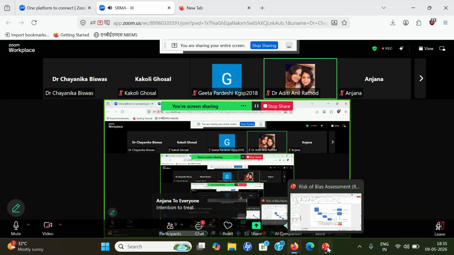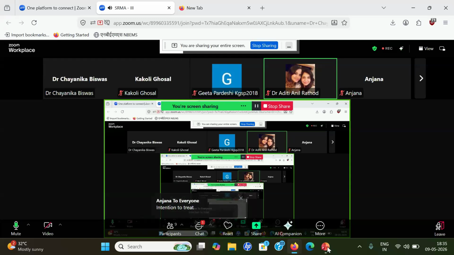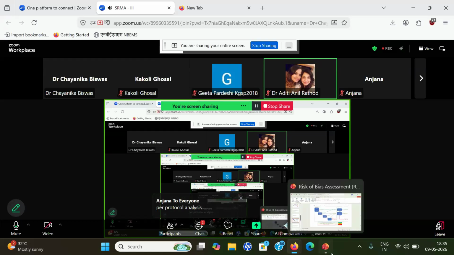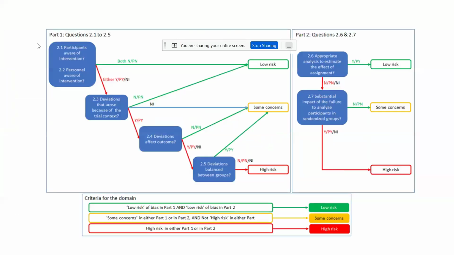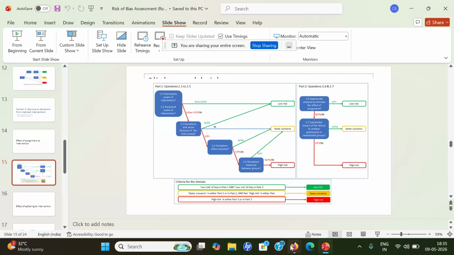Yes. So intention to treat analysis is one of the methods. Exactly, Anjana. So intention to treat analysis, per protocol analysis are some of the methods that are done in the randomized trials. Okay. So in this case, what is the appropriate method?